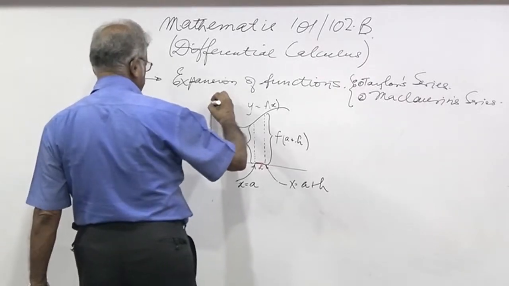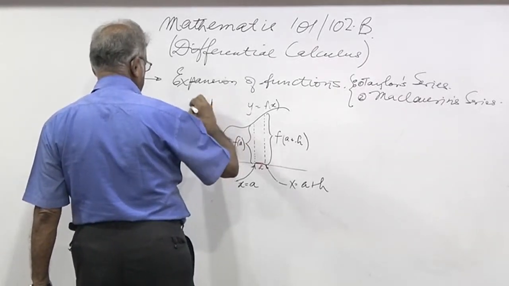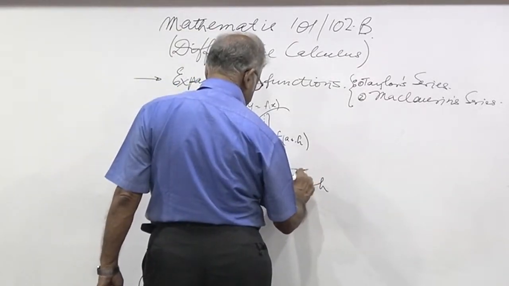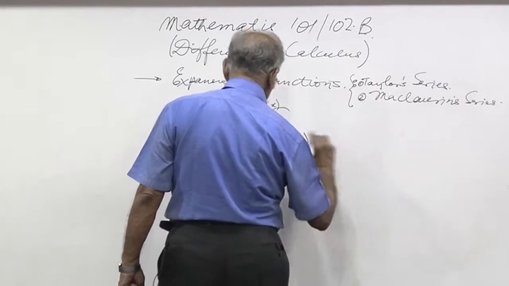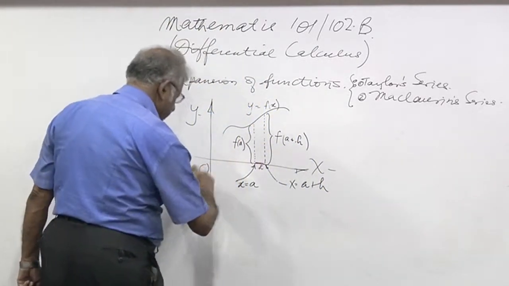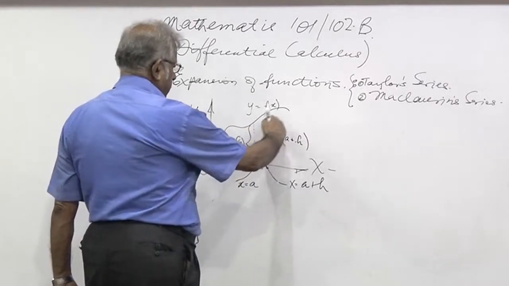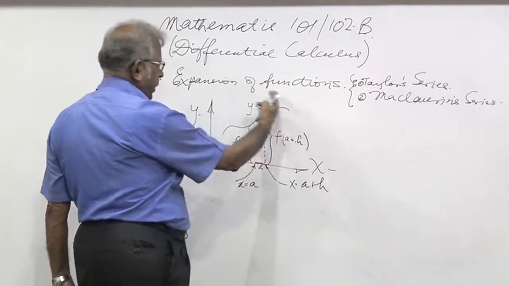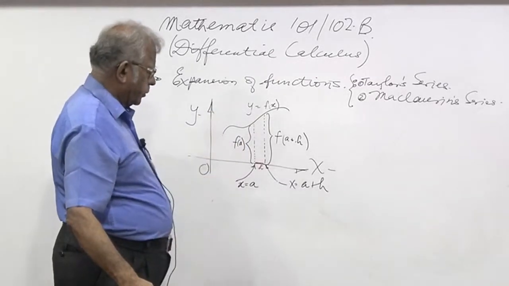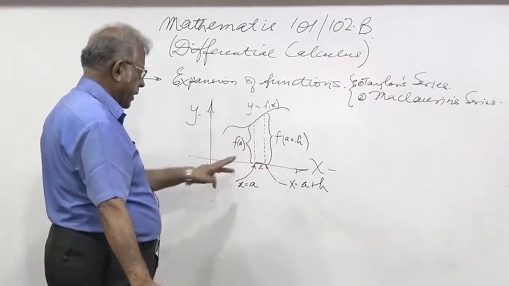Evidently, this is the y-axis and this is the x-axis. This is the origin. Now we have the graph of some function y is equal to f(x). It's an arbitrary function and a part of the graph has been shown. The focus is here.